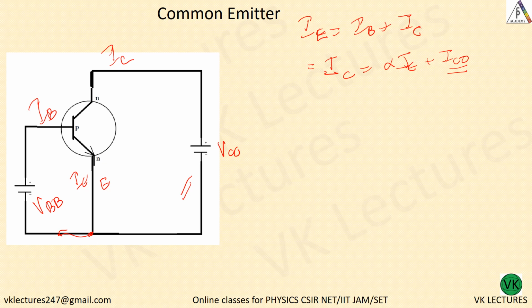Now, just substitute this value, IC equal to this particular one. So IE is equal to, or you can write, IC by alpha.